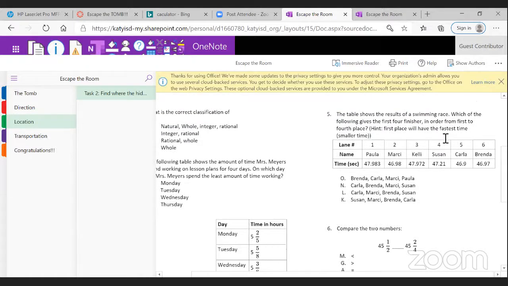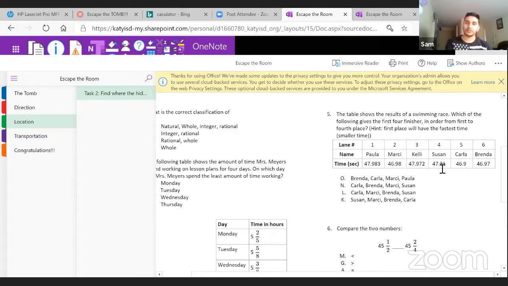So I need help with this. Oh, which one finishes first? So we have to go from the smallest, right? Smallest time.